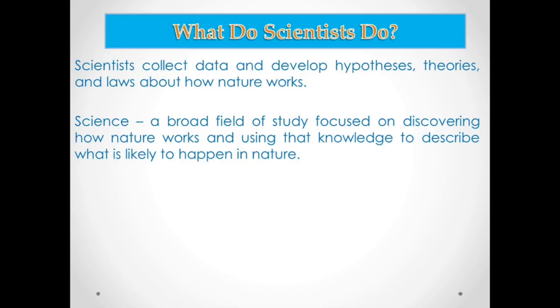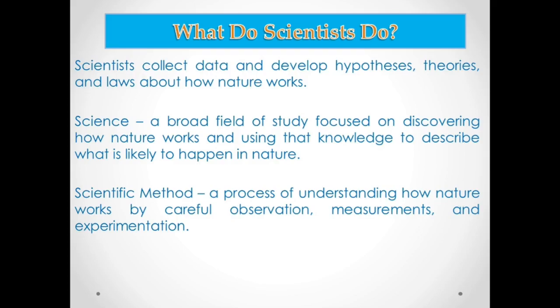It is based on the assumption that events in the physical world follow orderly cause and effect patterns that can be understood through careful observation, measurement, and experimentation. And this is what we call the scientific process.